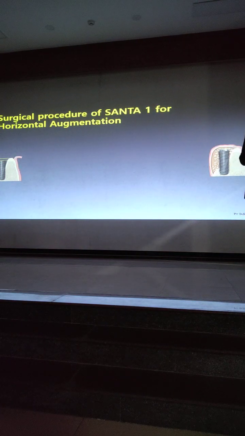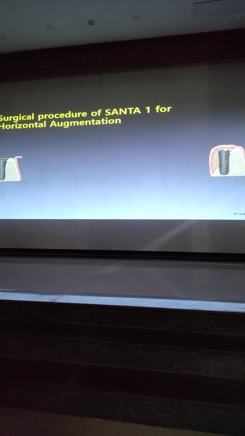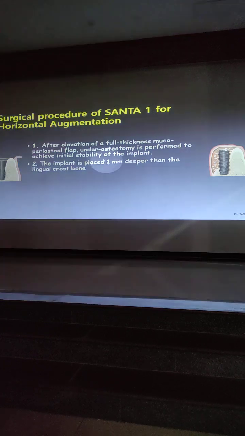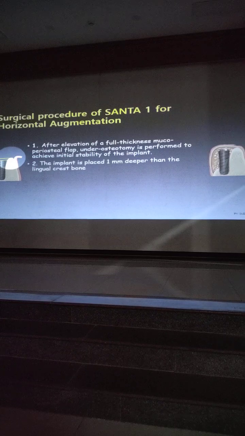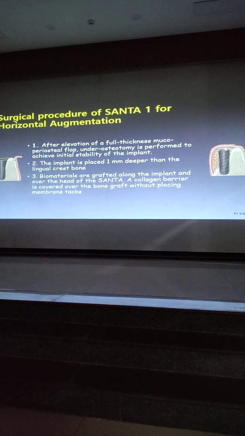This slide shows you the surgical procedure of Santa 1 for horizontal regeneration. After elevating a full thickness flap, I usually do osteotomy in order to get initial stability of the implant. An implant is placed 1 mm deeper than the crestal bone.